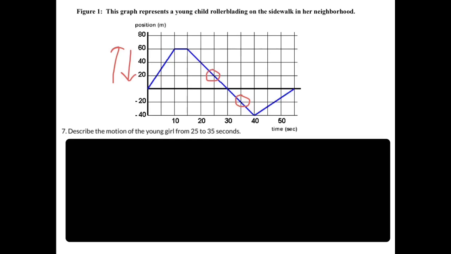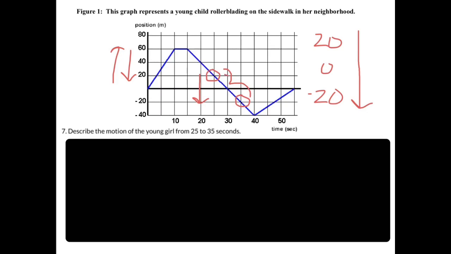In this case, since the slope is going down, the girl is moving backwards, from position 20 to position 0 to position negative 20. So if this is like a football field, it goes from 20 to 0 to negative 20. Don't get all worried about a negative 20. That's just 20 meters before the starting line. You're still moving backwards.